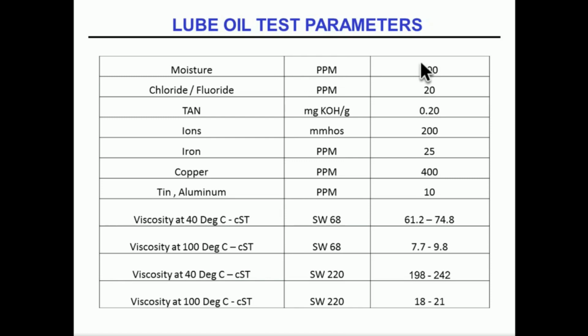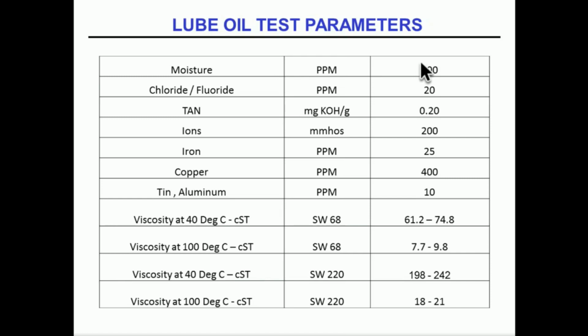The refrigerant and moisture mixed together form hydrochloric and hydrofluoric acid. These acids, whenever in circulation, can react with the windings and slowly start eating away the enamel. That is where the problem starts. So we need to keep close monitoring on the moisture and TAN parameters here.